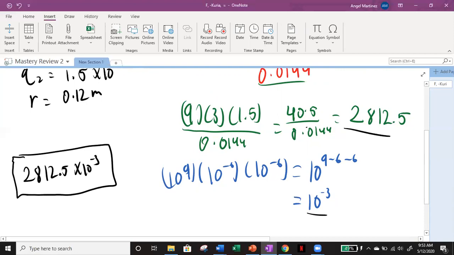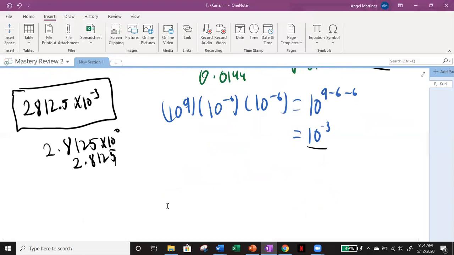Since this is a big number, you can reduce it even more. If you multiply this by 10 to the negative 3, or move the decimal back 3 spaces, you also get 2.8125 times 10 to the 0, which is just 1, so 2.8125 is fine. But you can leave your answer in this format, it'll be fine. This answer is also right. All right.